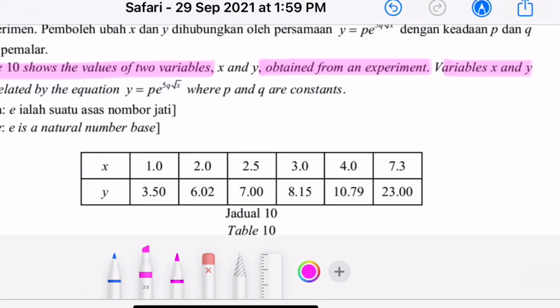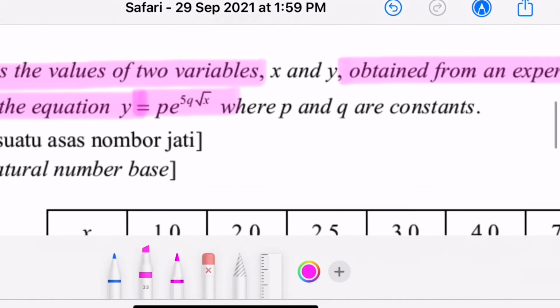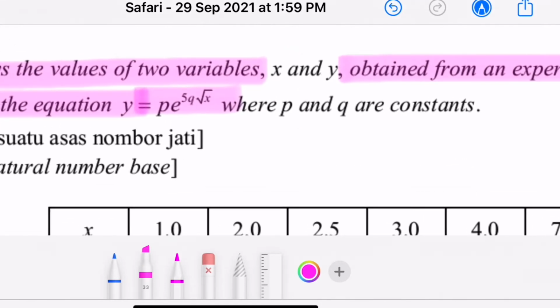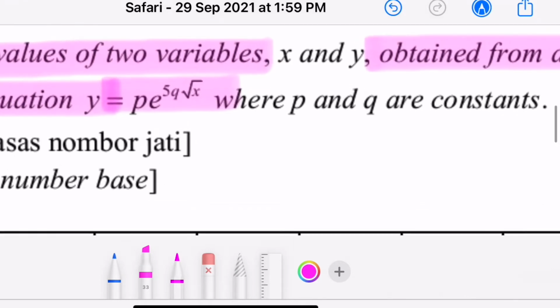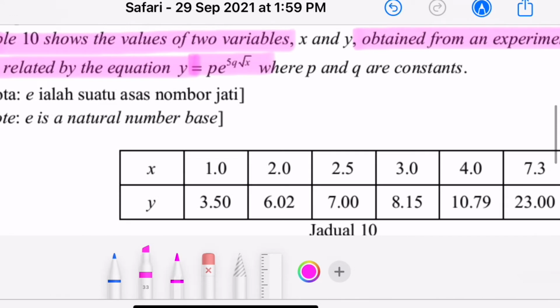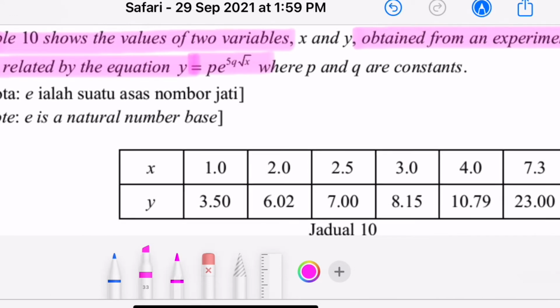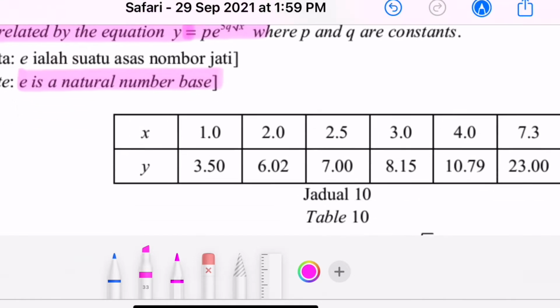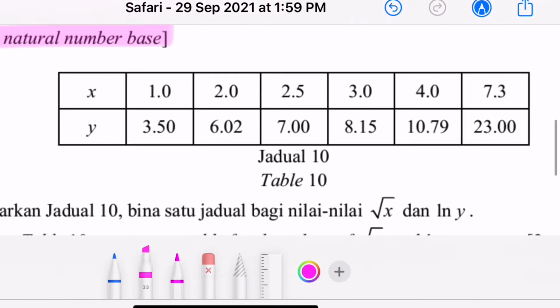Variables x and y are related by the equation y equals p e to the power of 5q square root x, where p and q are constants. e is the natural number base, right? e is the natural log number.